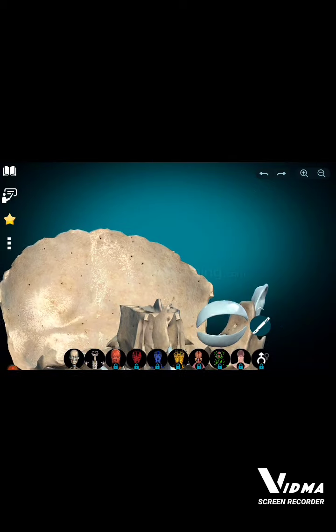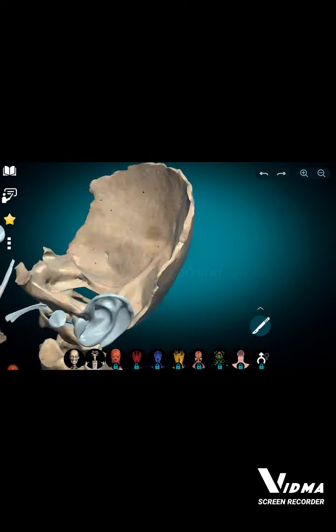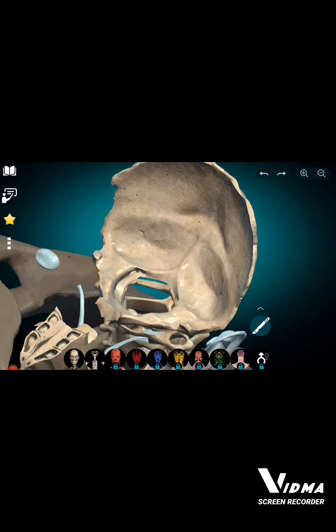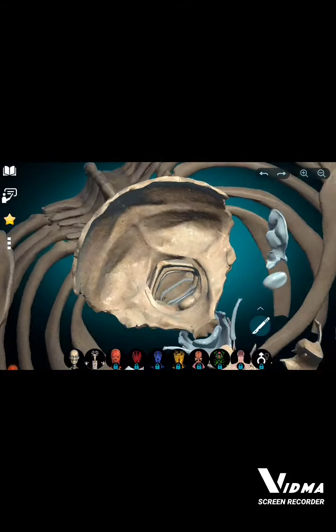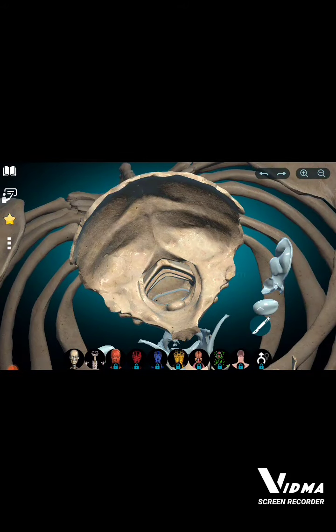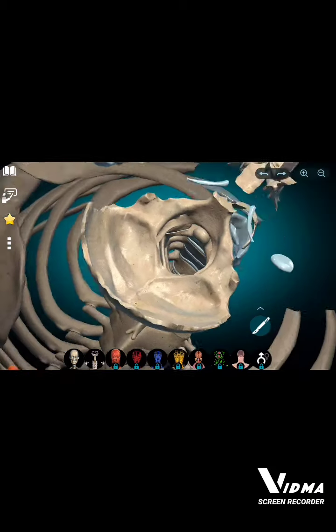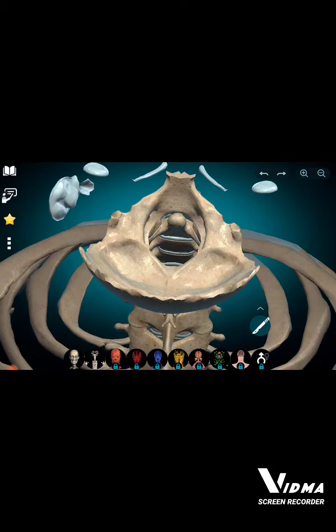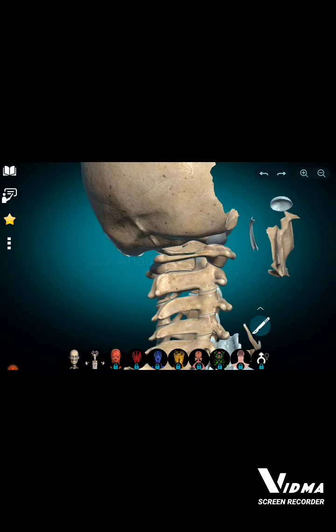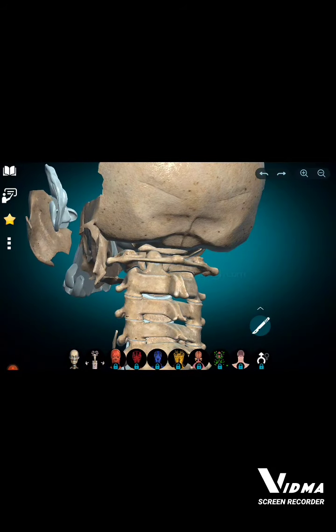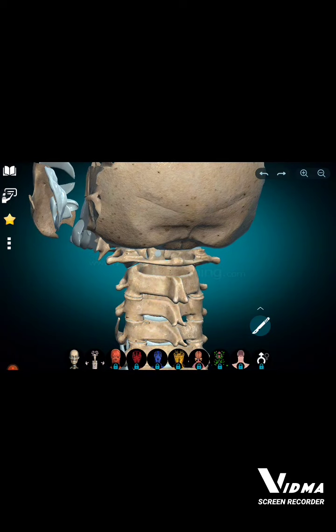The brainstem medulla passes downwards through this opening into the spinal cord. So through that opening, the foramen magnum, the spinal cord also passes.